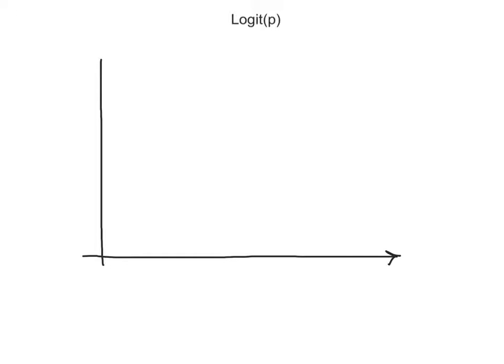Now, if we graph the logit of p with respect to one of the independent variables, which we'll call x, and we call this x value our predictor, in this case I'm graphing it with respect to one predictor, and the y-axis represents the logit of p, or the probability that y equals 1.